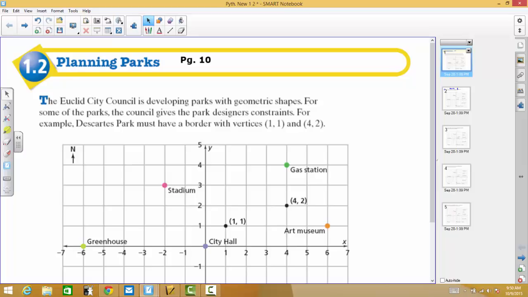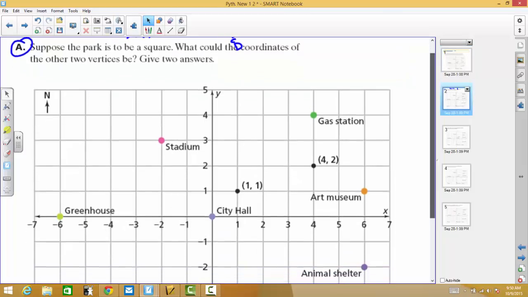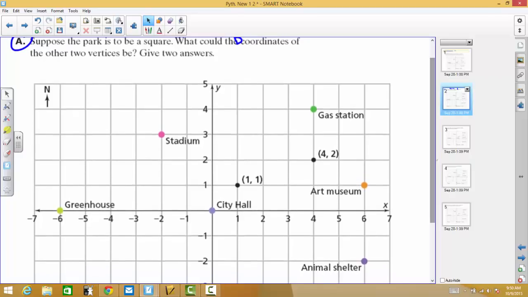So vertices are the corners. So (1, 1) and (4, 2) are actually already plotted for you. And they're plotted on your map also. So locate those. And the question is, you want a square.